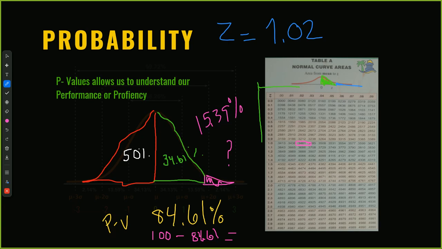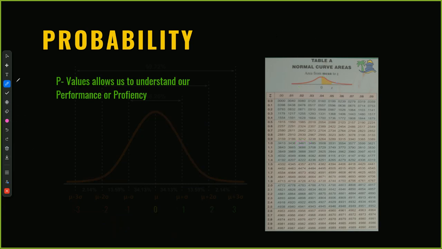So you can use the Z table and P table as a way to understand your data and basically take it from a raw score and turn it into an understandable standard metric.